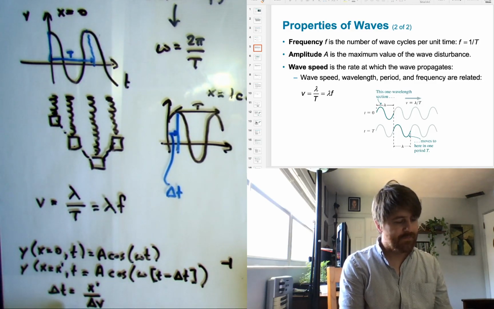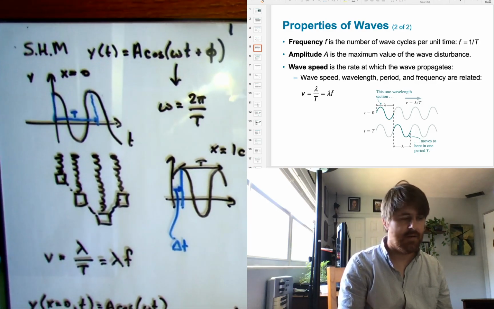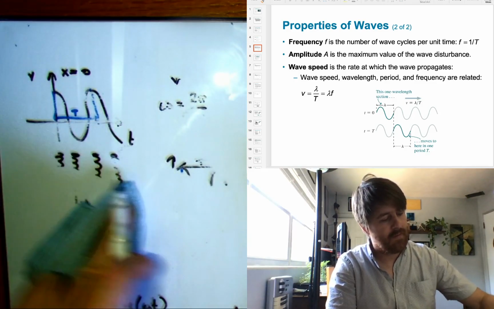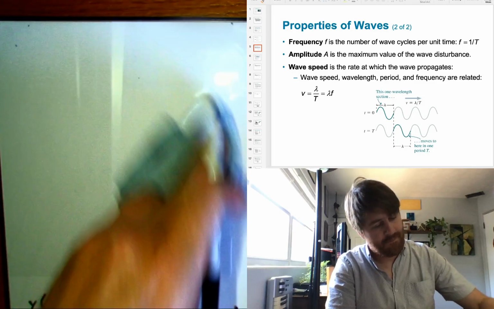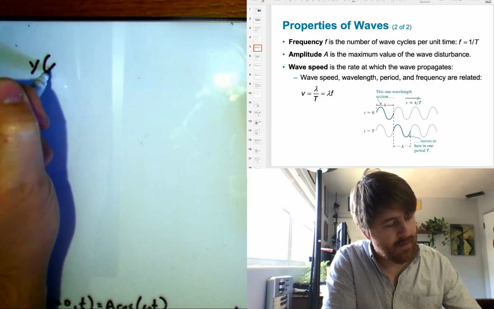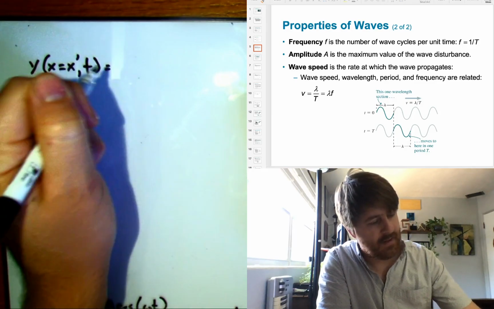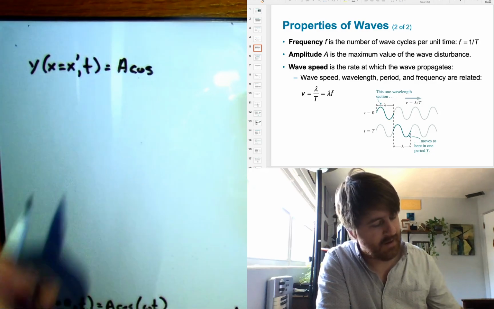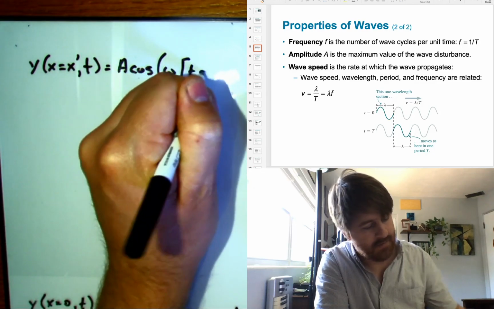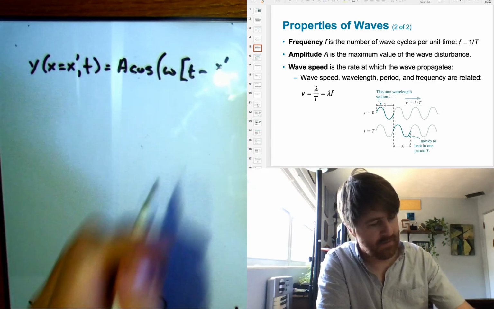So, if I want to put this in here, I get y of x equals x prime, and t is a cosine omega times t minus x prime over v.